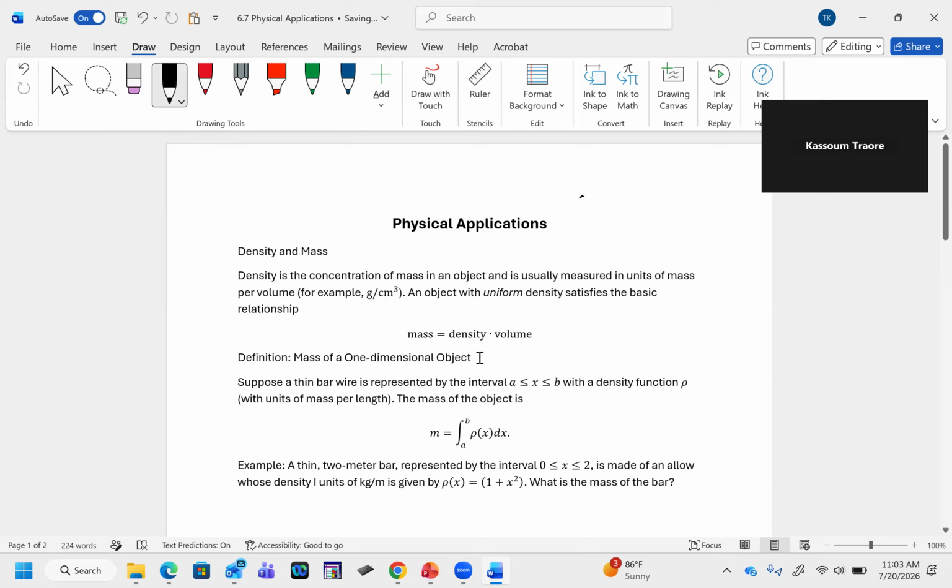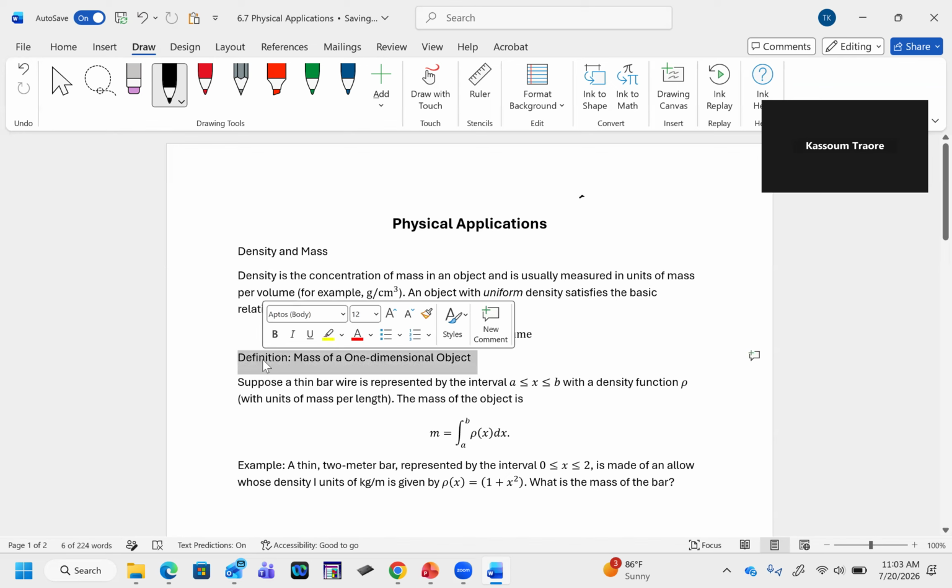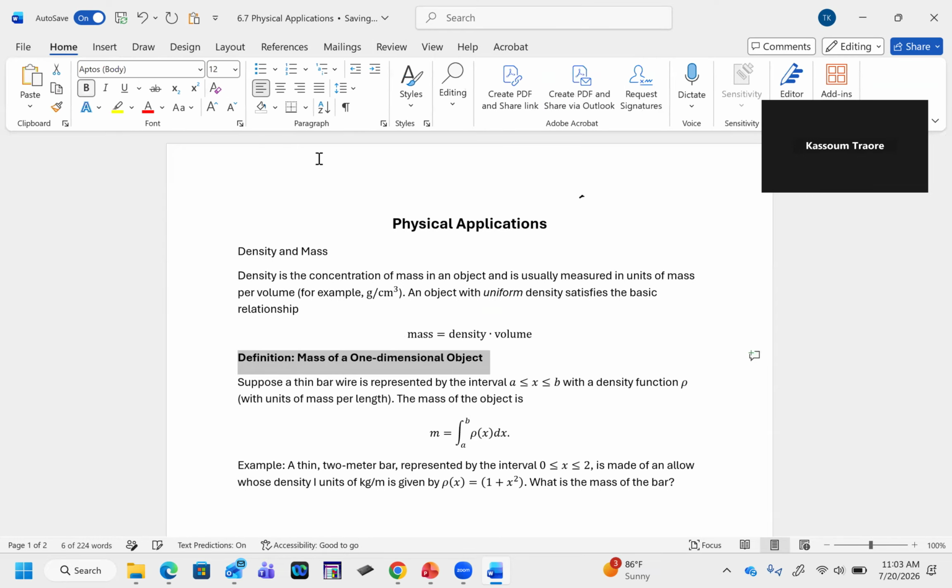to start, we will do mass of a one-dimensional object. Suppose that a thin bar is represented by the interval a is less than or equal to x, and x is less than or equal to b, with a density function rho.